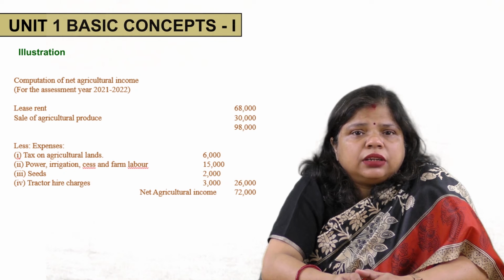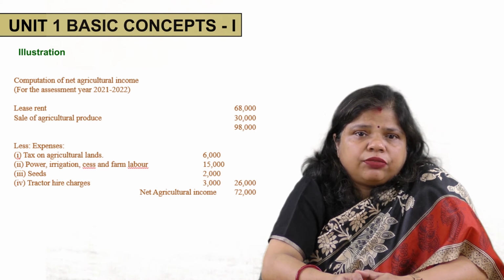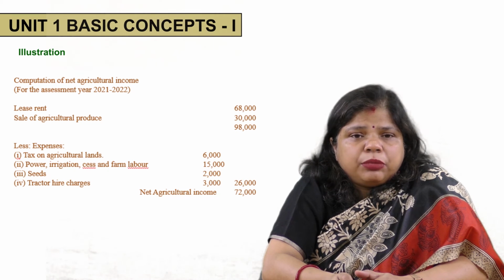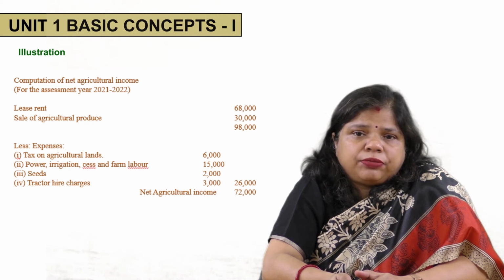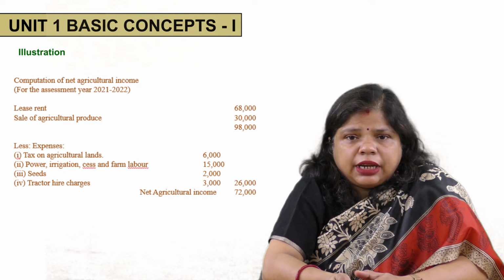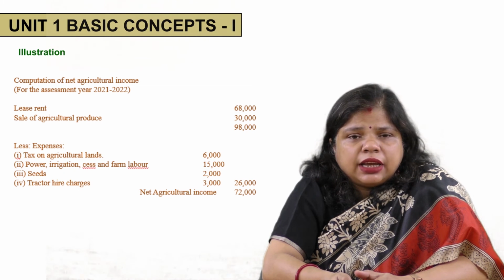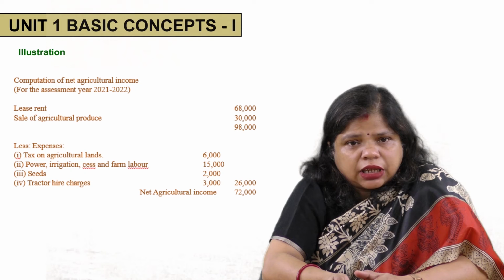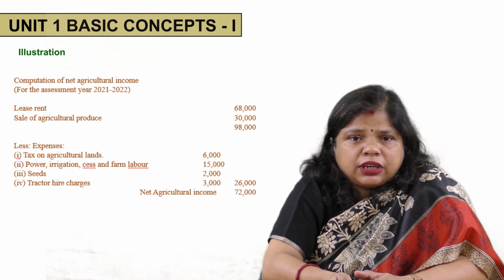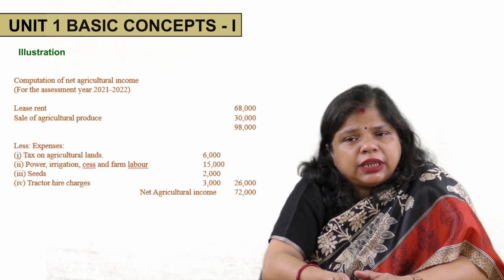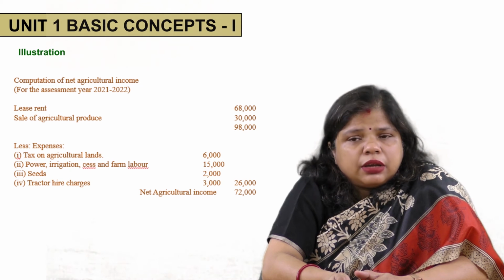So, here the computation of net agriculture income for the assessment year 21-22. Lease rent is an income because it is rent received from land given to the tenant for agriculture operation. So, this is an agricultural income, that is 68,000. Then sale of agricultural produce is 30,000. So, agriculture income is 98,000.